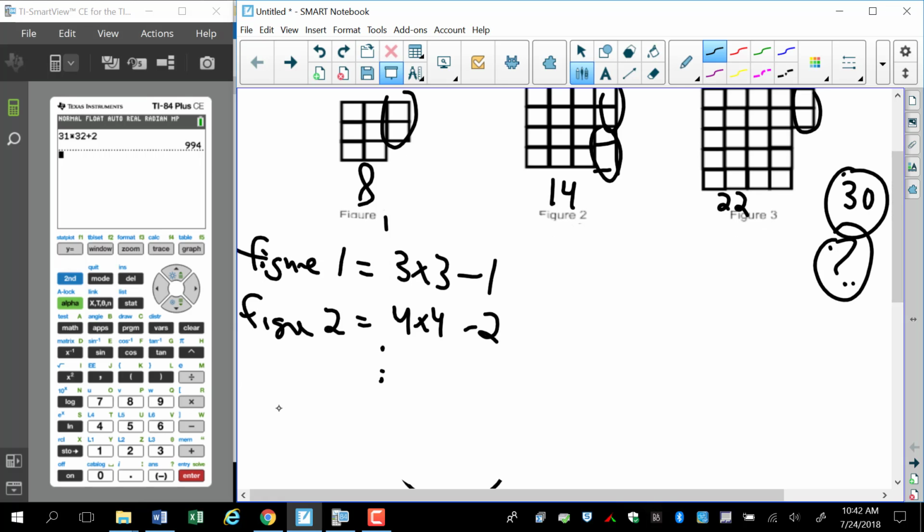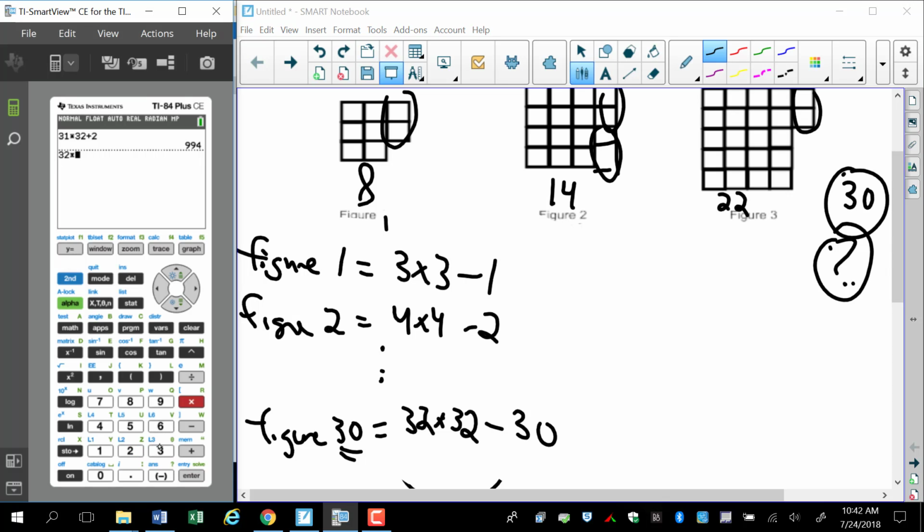And if you take that pattern up, figure 30 was a 32 by 32 missing 30 blocks. And again, I'm just kind of using the patterns that we see here. So 32 times 32 minus 30. Hopefully I get that 994 number, and I do again.